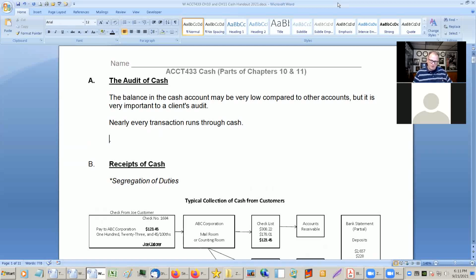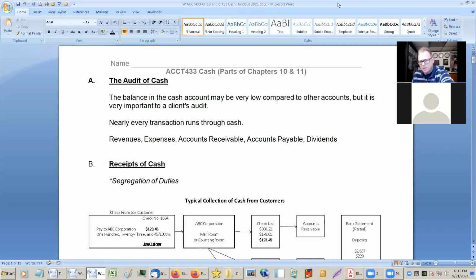The usual accounts you're going to see running through there are revenues. A lot of times when you're proving cash, you're proving revenues, expenses, and dividends, which run into the equity section.